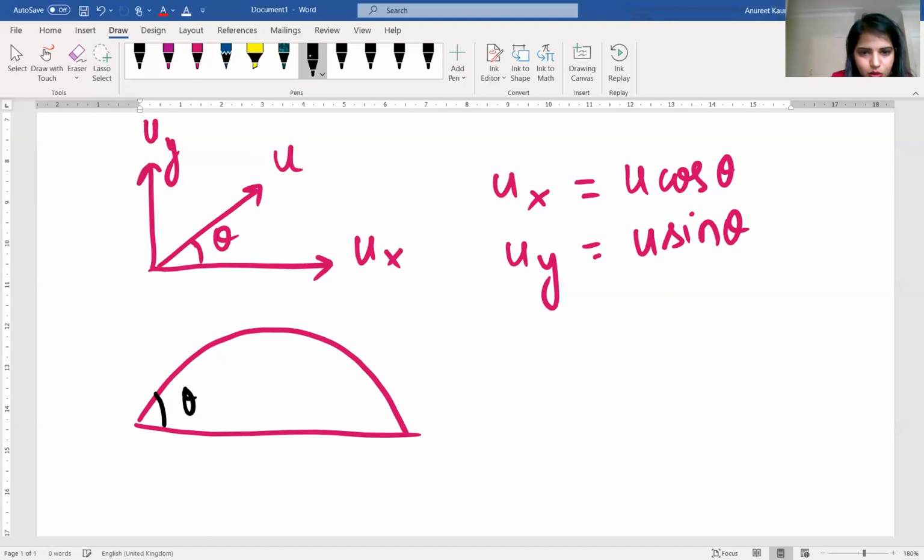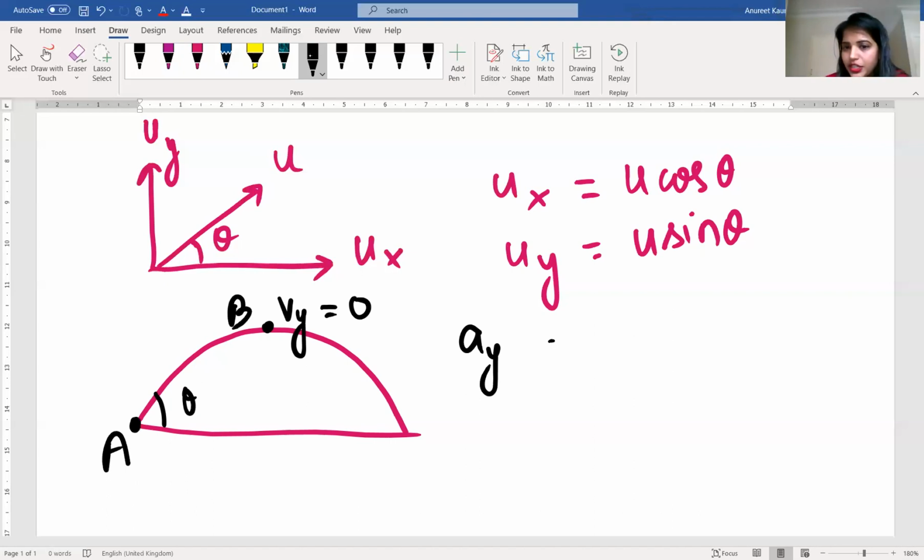Now, at this point, my vertical component of velocity is 0, and let's consider just the motion from point A to point B. That means the acceleration due to gravity while going from point A to B is in the downward direction. You are going up, acceleration is downward. So two opposite things in physics are represented by a negative sign. So my acceleration due to gravity would be negative g.